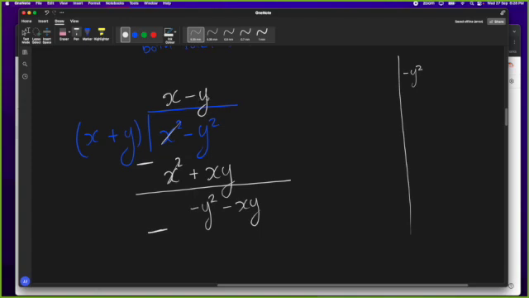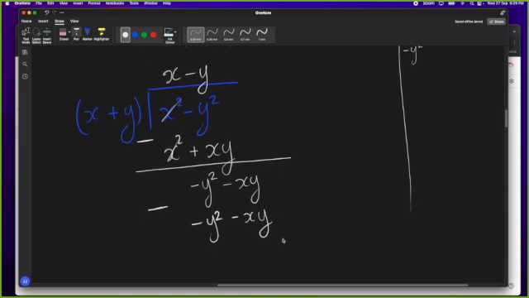And of course, you have a big minus sign over here. So minus y times plus y. I'll do the y's first. Minus y times plus y gives me minus y squared. And then minus y times x will give me minus xy.